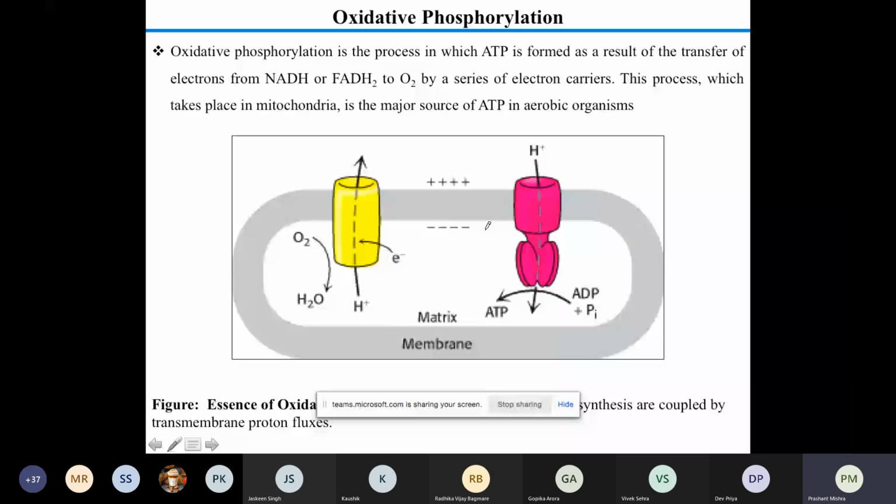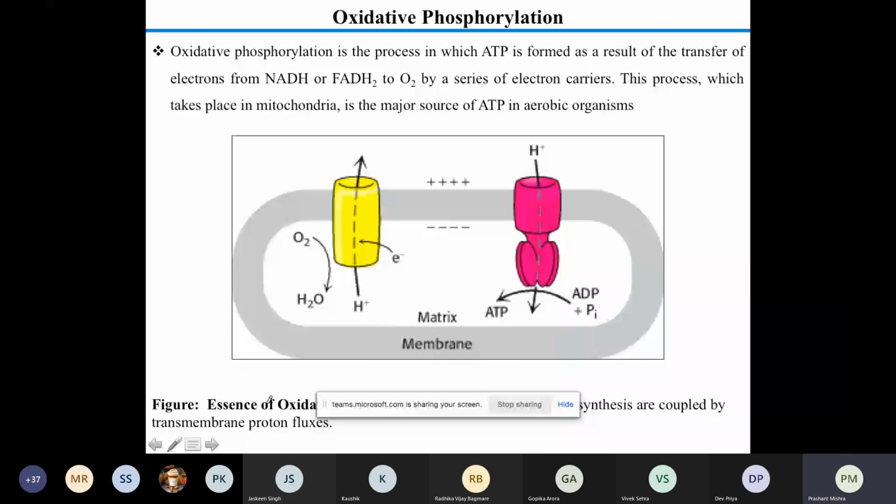If I stop the proton entry inside the mitochondria, the oxidative phosphorylation will not happen. So there are many ways in which this process, oxidative phosphorylation, does not happen, or ATP synthesis does not happen. Suppose I block this reaction where oxygen is acting as a terminal acceptor of electron, still oxidative phosphorylation will not happen. Your ATP will not be generated.